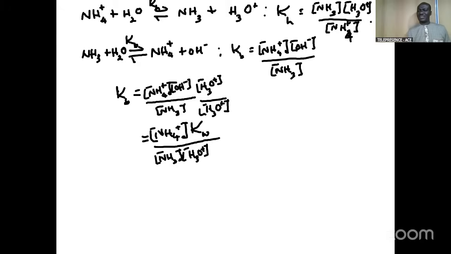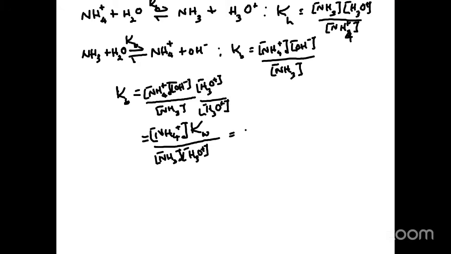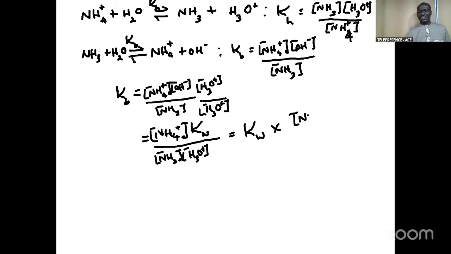If you look at this very carefully, you can see NH3 and H3O+, which were in the denominator, have now become the numerator, and NH4+, which was the numerator, has become the denominator. So I can write this as Kw times NH4+ over NH3 times H3O+.